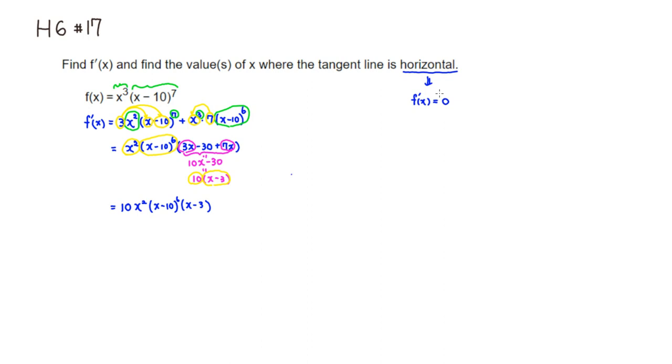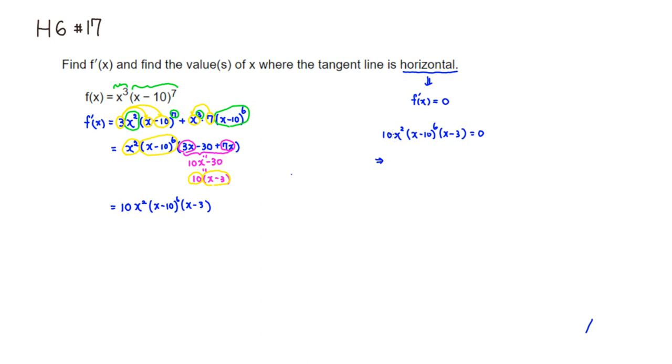So all you really have to do is take the f prime of x, which is 10 x squared, x minus 10 to the 6th power, and then the quantity x minus 3. We set that equal to 0 because we want the derivative to be 0. From here, we can solve for x.